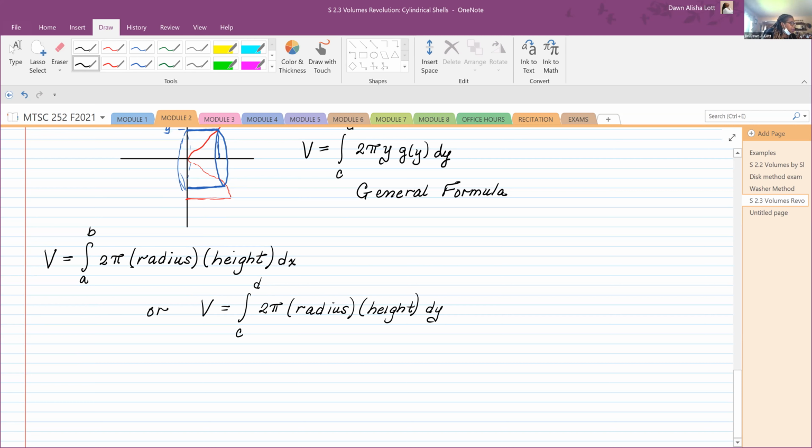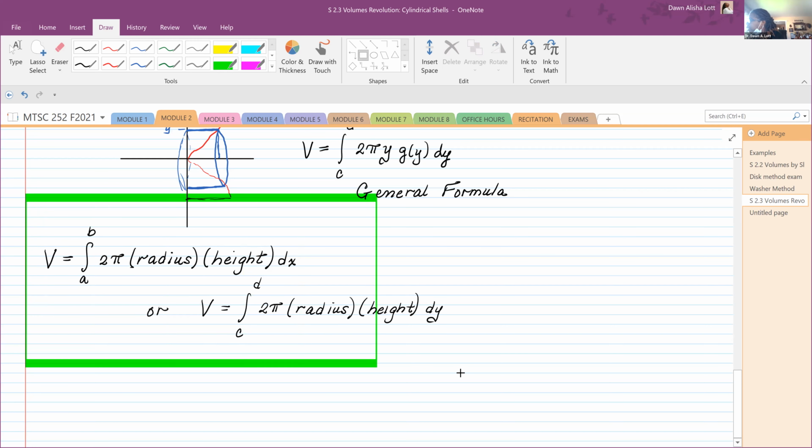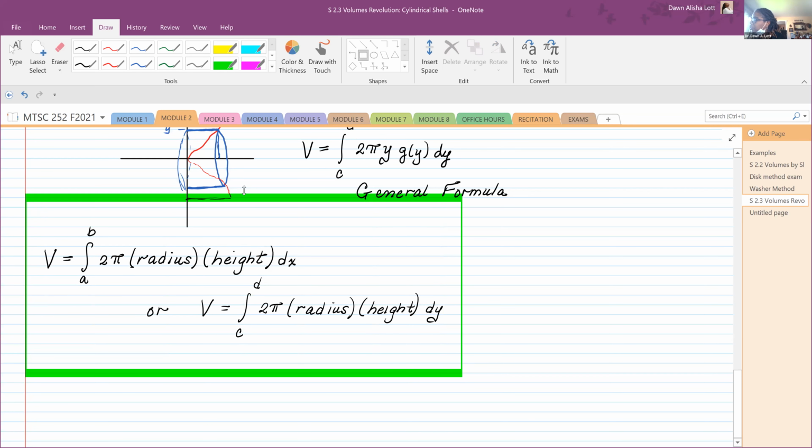Let's do the first problem. The equation I just wrote will work for anything. The other two are very specific. But these two right here will work for any problem where you are doing volume by shells.